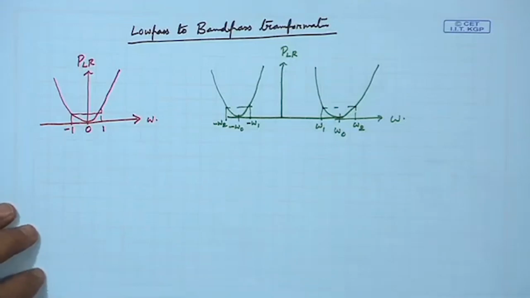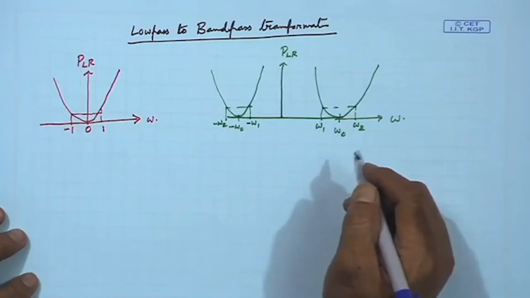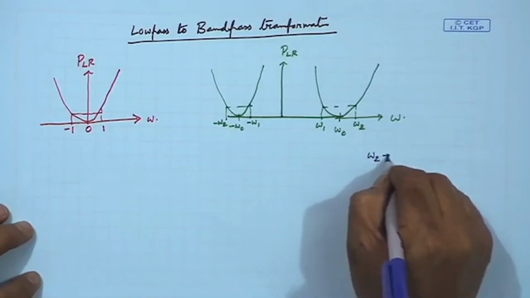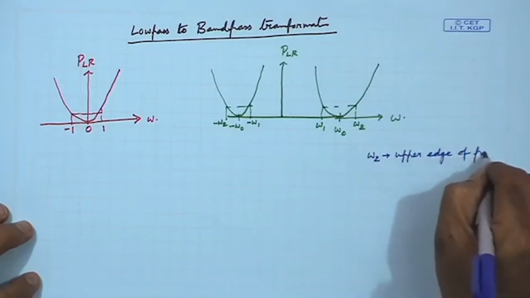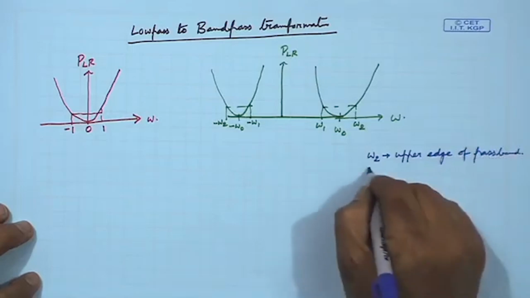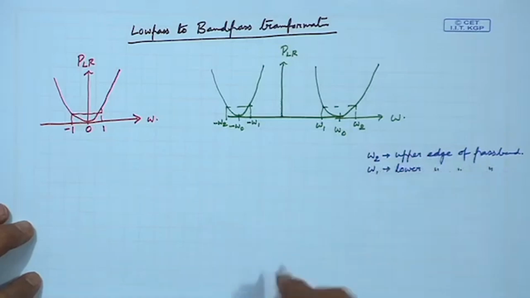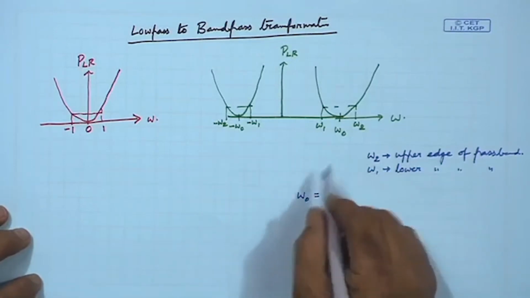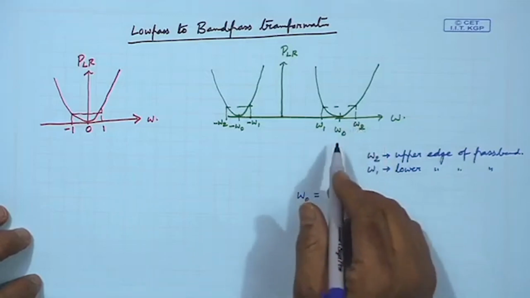Now, for this we want to find out what is omega 1. Omega 2 is the upper edge of the pass band, omega 1 is the lower edge of the pass band, and omega naught. Now, omega naught we can take either as the arithmetic mean of omega 1 and omega 2, or as the geometric mean.